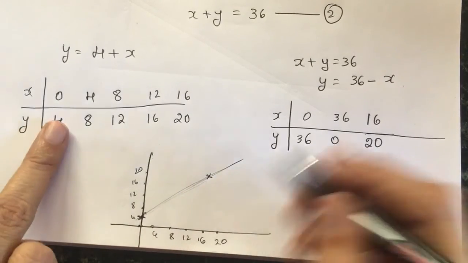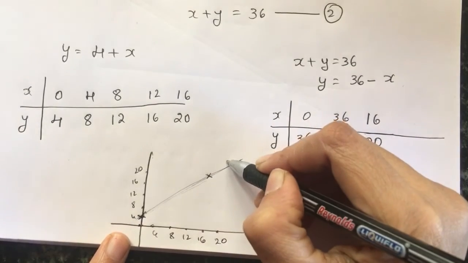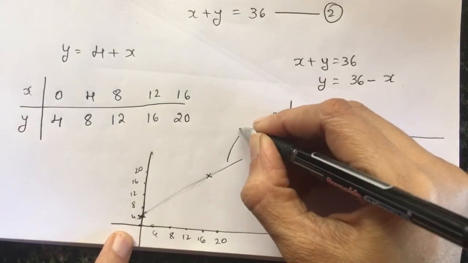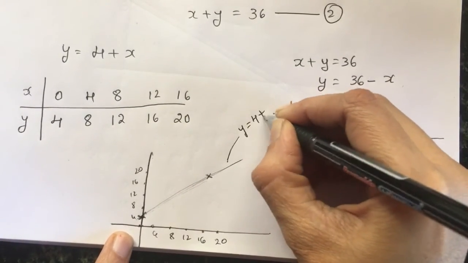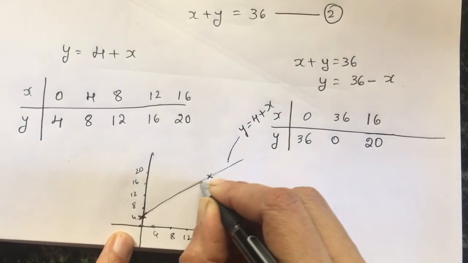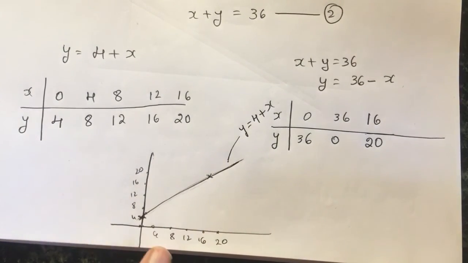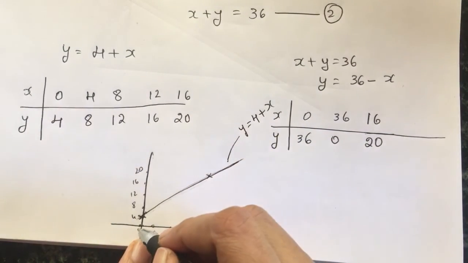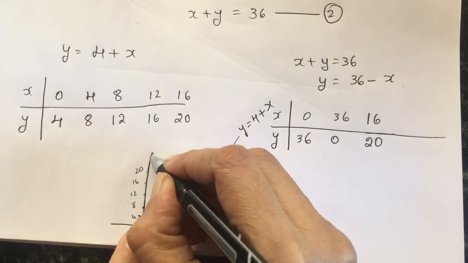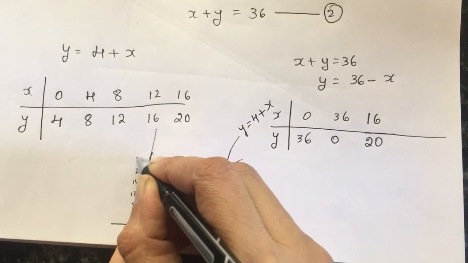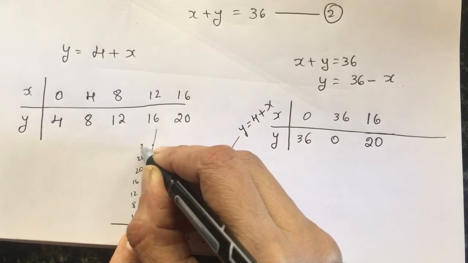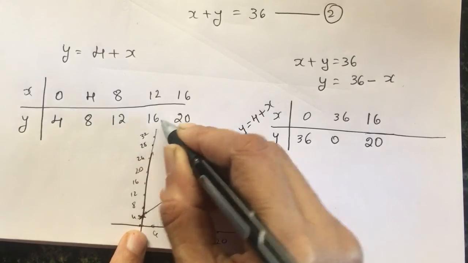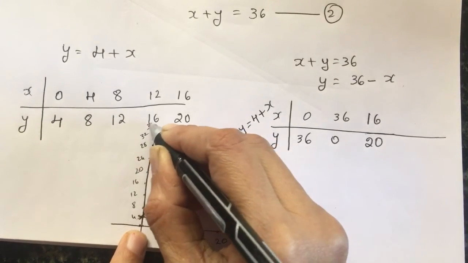This line shows y equal to 4 plus x. Now when x is 0, y is 36. Marking 20, 24, 28, 32, and somewhere here 36.